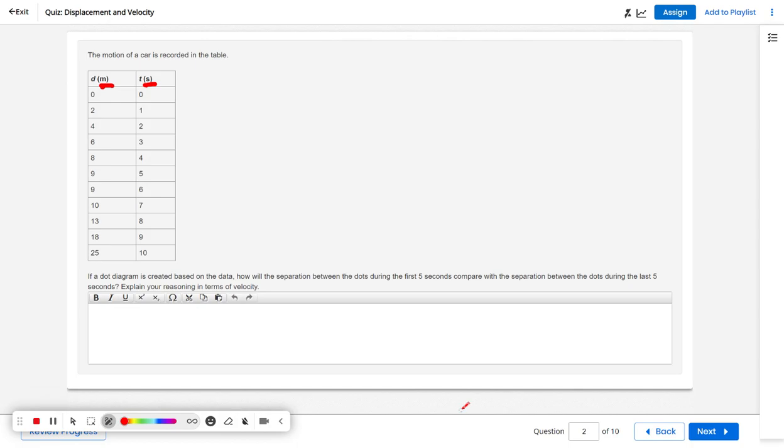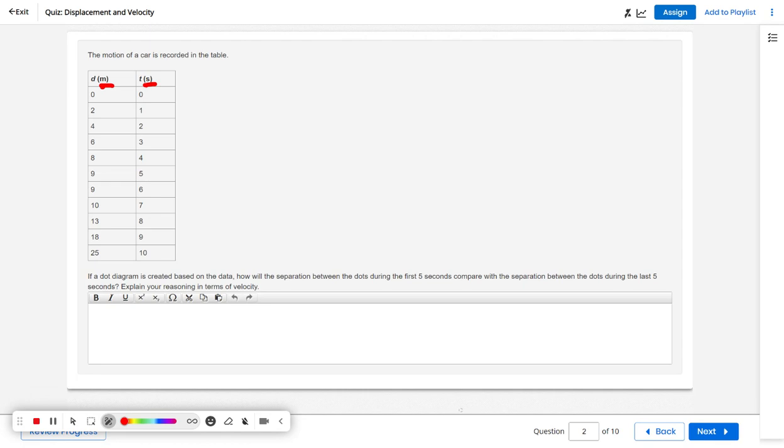Alright, young people, I decided to change the color to red because it's darker. As I was doing this, I realized it's not that easy to see. Looking at this, we have a table. If you look at the units, we have meters per second, or a type of distance versus a type of time.